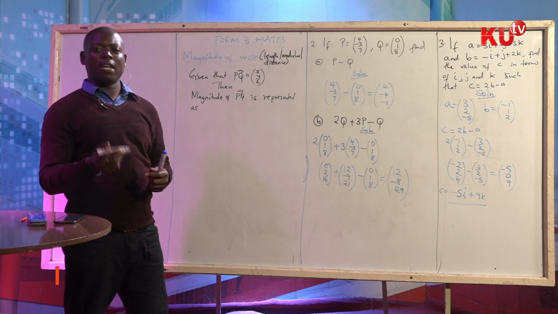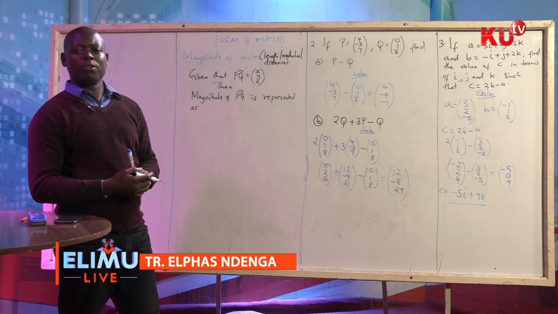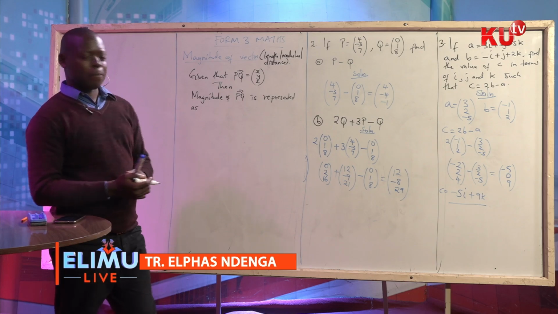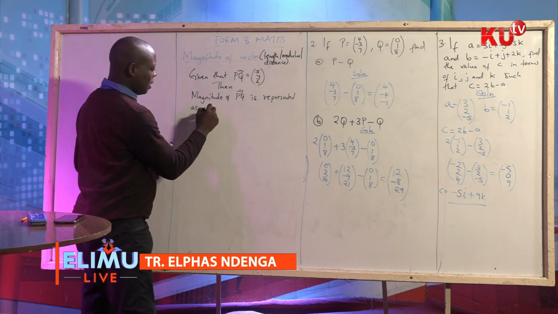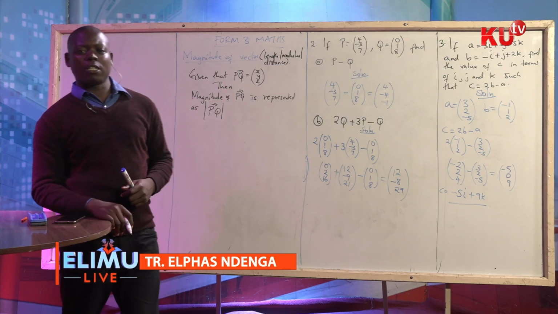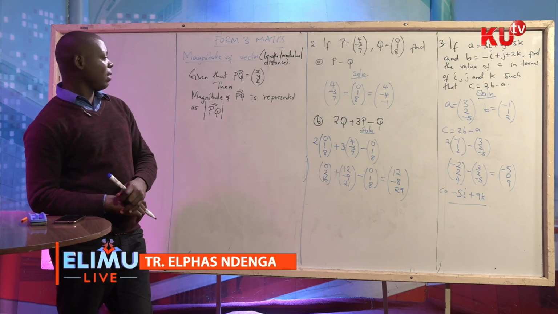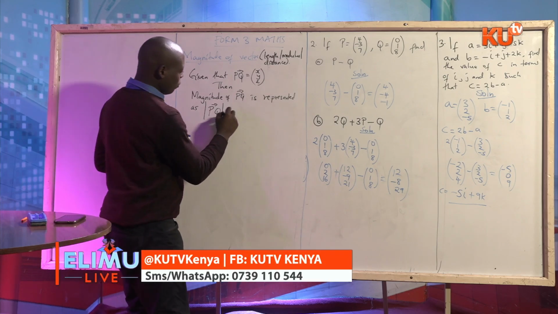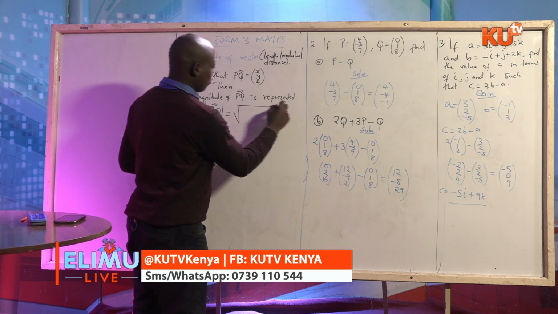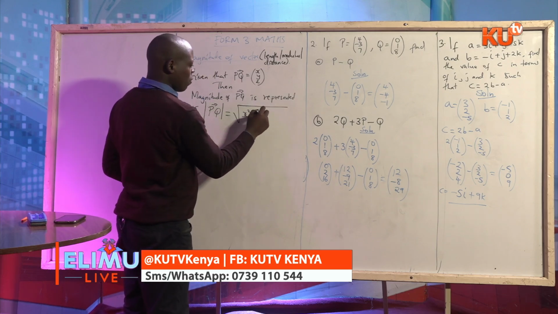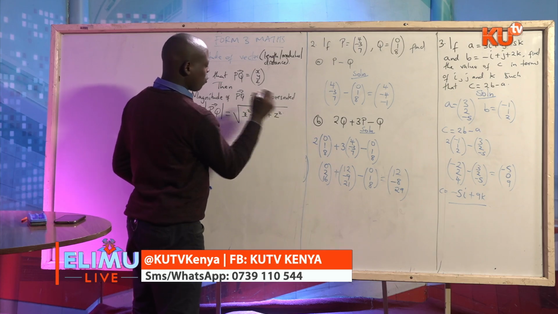Because we may find a question where the magnitude is not mentioned, but rather we use a representation. We represent it as PQ with two vertical lines enclosing the vector. Two vertical lines enclosing the vector. That gives us the magnitude of the vector. So this is equal to the square root of x squared plus y squared plus z squared.